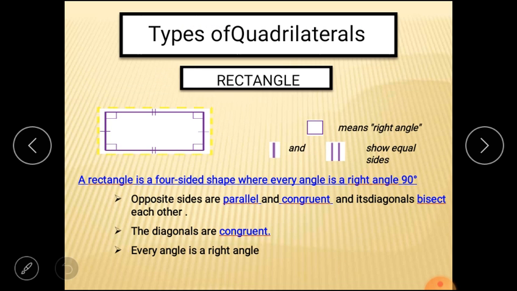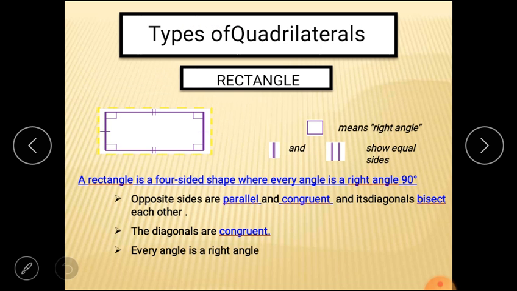It means right angle. How many sides are there for a rectangle? 4 sides. In this diagram, a single line and a double line are mentioned. These show equal sides. Opposite sides are equal.